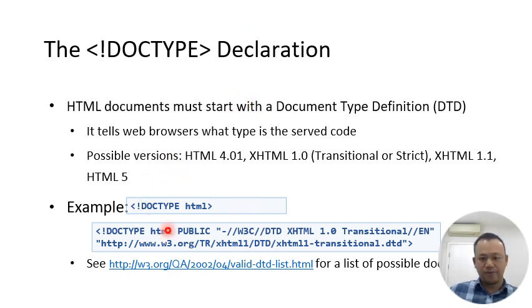So for example, here, in HTML5, the doctype declaration is simplified to look like this, exclamation mark and DOCTYPE html. So this declaration is placed at the very beginning of the HTML document, maybe on the first line of the document, and it signals to the browser that the document conforms to the HTML standards.